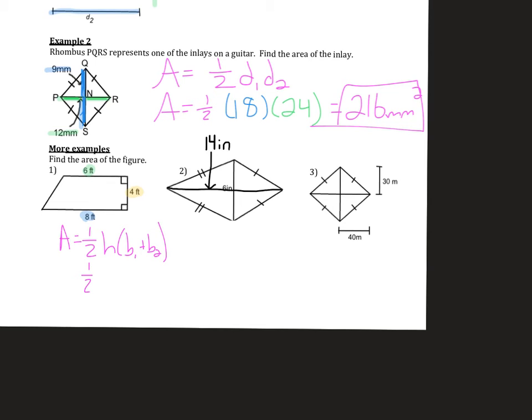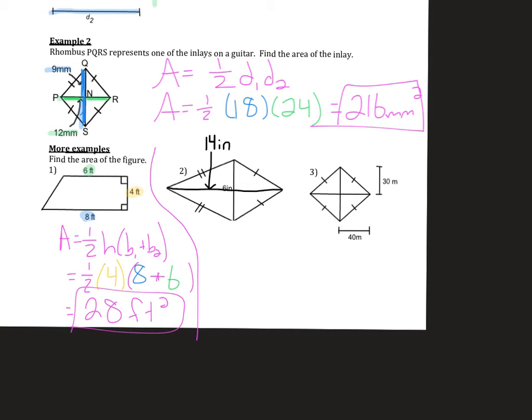My height, sorry, is 4. And then my bases are 8 and 6. This is a plus sign. Okay, so if I throw that all in the calculator, we should get an area of 28 square feet, or feet squared.